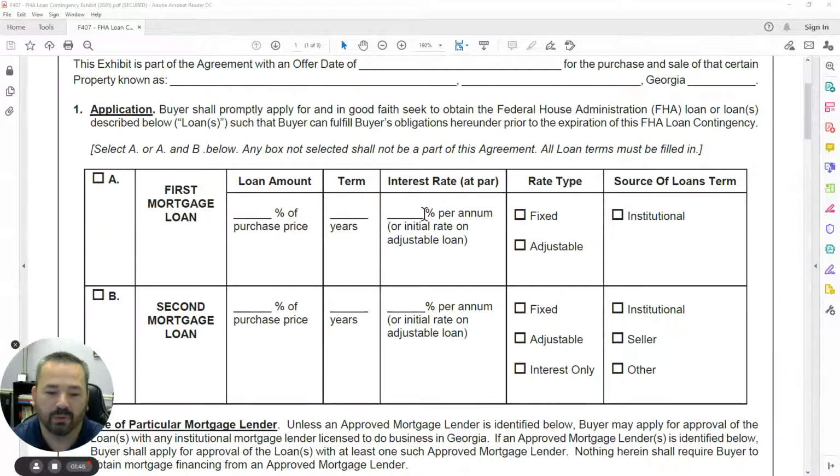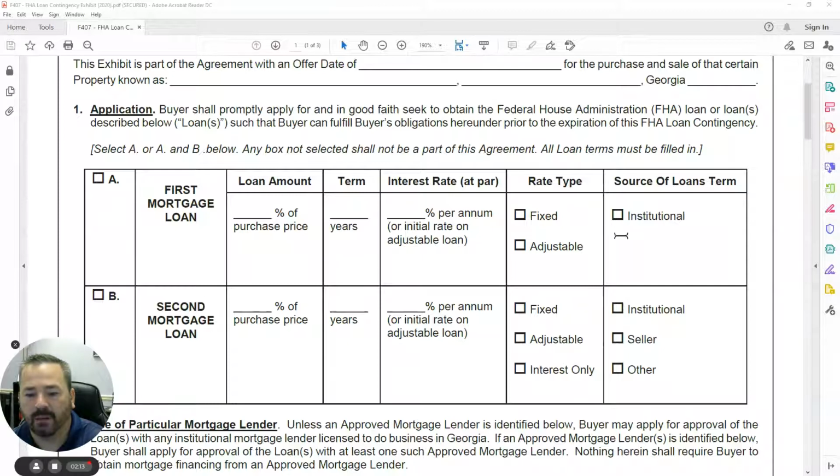We may want to put 3.25 or 3.125 in here. What we're saying is if we can't get approved for this loan at this interest rate, our client's going to be able to back out of the contract and get their earnest money back. So 96.5, 30 years, 3.125%.